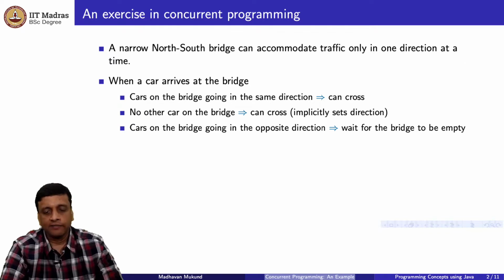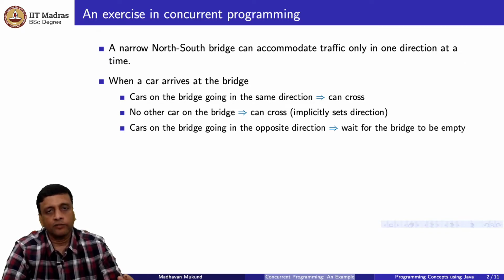So when a car arrives at the bridge, the bridge is currently either going from south to north or from north to south. If the bridge is currently oriented in the same direction that you want to go, so the cars on the bridge are going in the same direction as the car that arrives, then this car can join and cross.